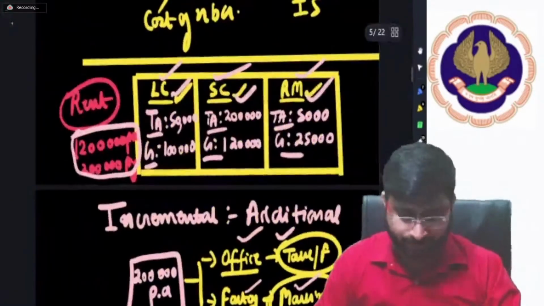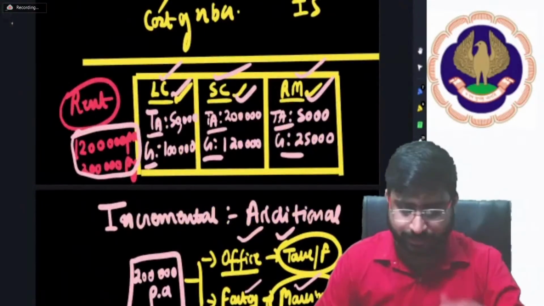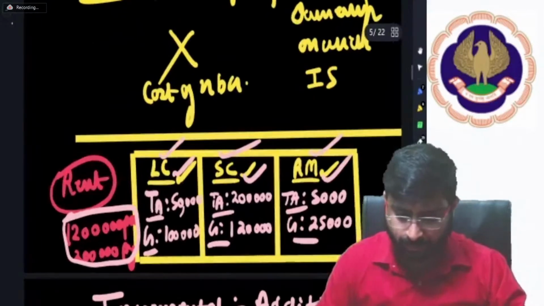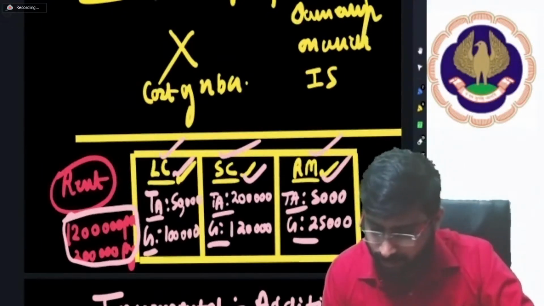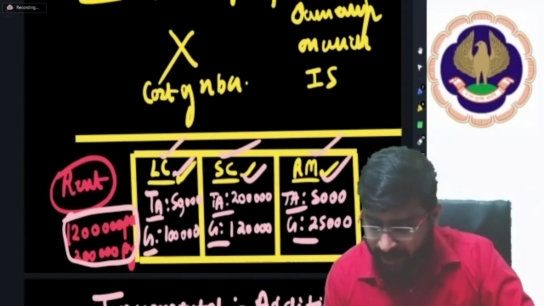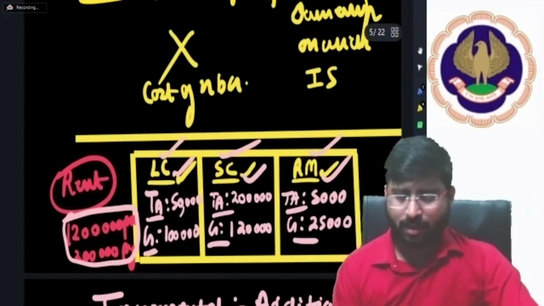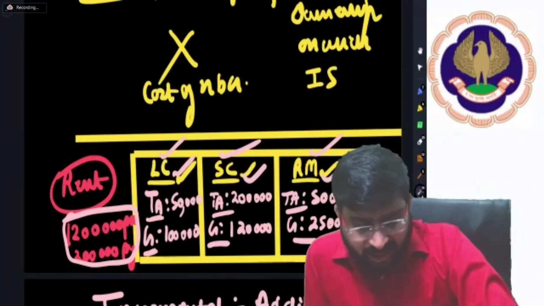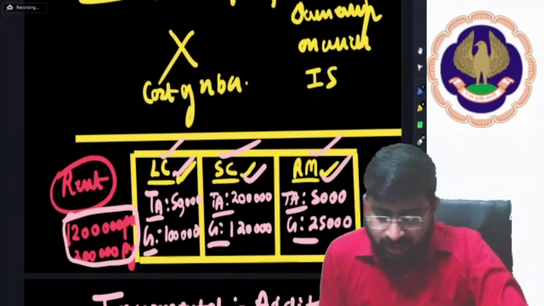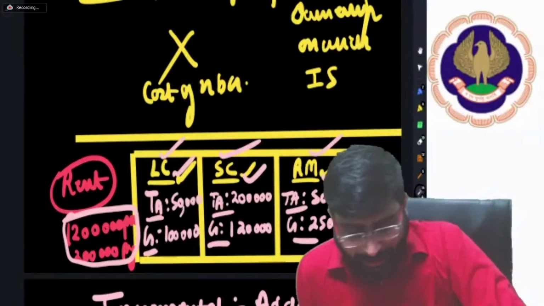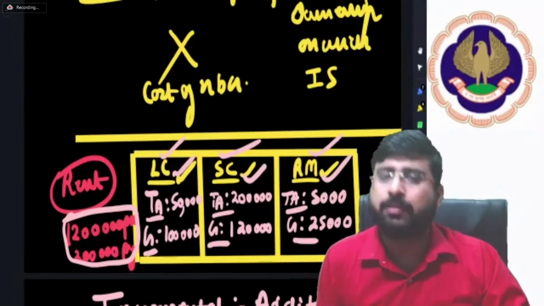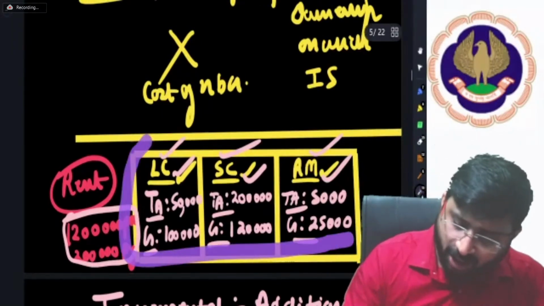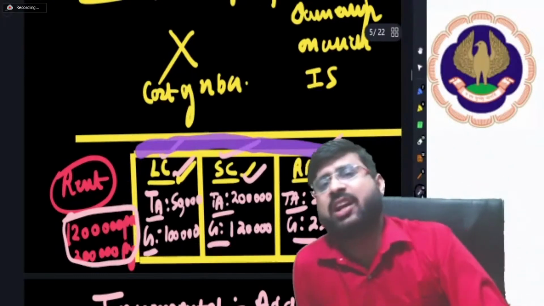Now pay attention. Let's say there's a car manufacturing company. This car manufacturing company has taken a factory where it's manufacturing 3 types of cars.